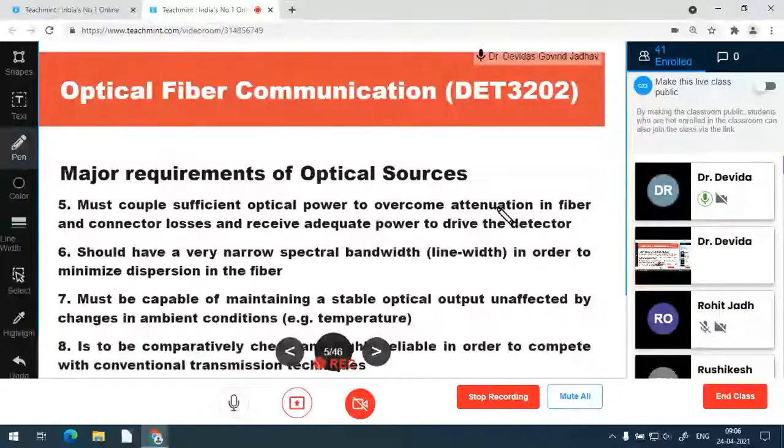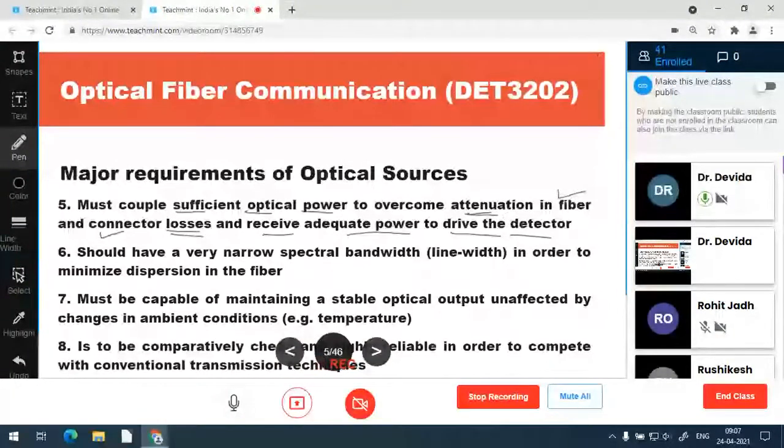So the source must couple sufficient optical power to overcome the attenuation, which is fiber as well as connector losses, so that adequate power is received at the detector.